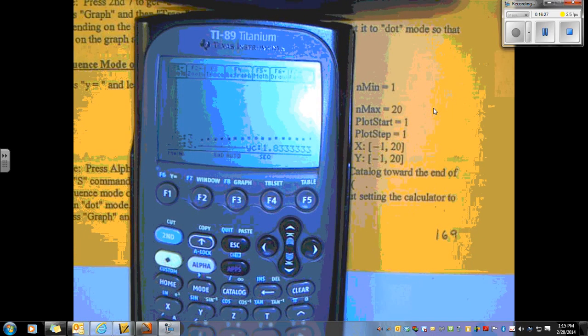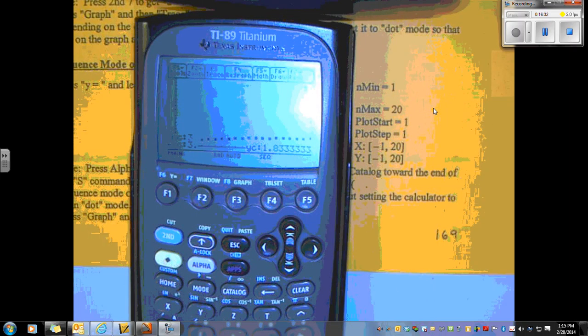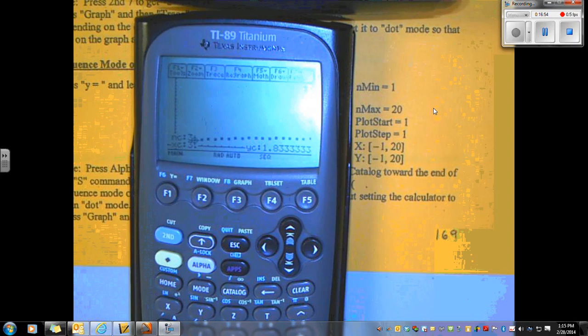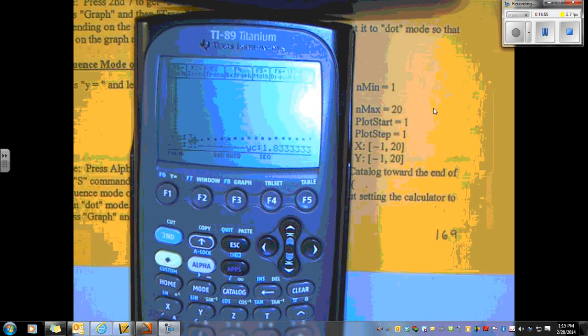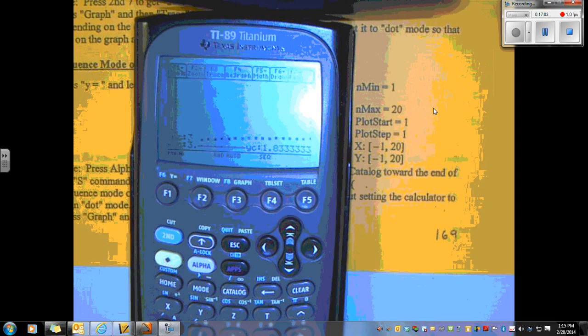Okay, so we're going to go to second 5 math. Go down to B, calculus. Go to number 4, sum. It should automatically put it in sequence, but it's not.